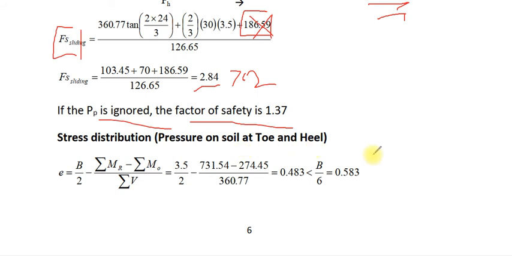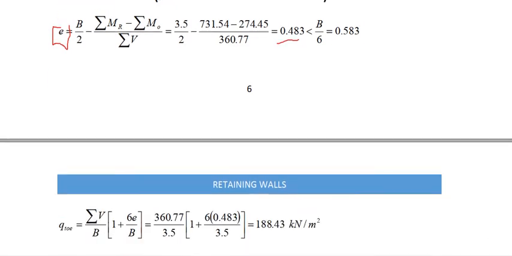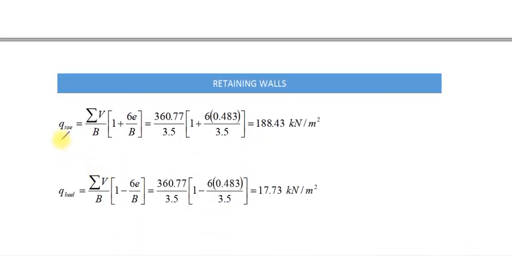Stress distribution can be obtained by first computing the eccentricity, B over 2 minus the resistance moment minus M over V, gives us 0.483, which is less than B over 6. Q at the toe equal to 188 here, and Q at the heel equal to 17.